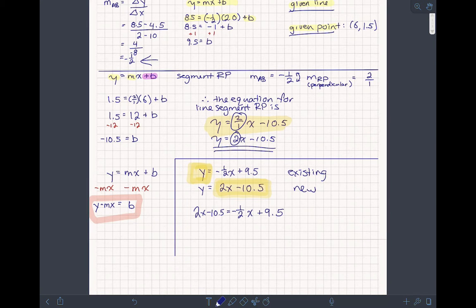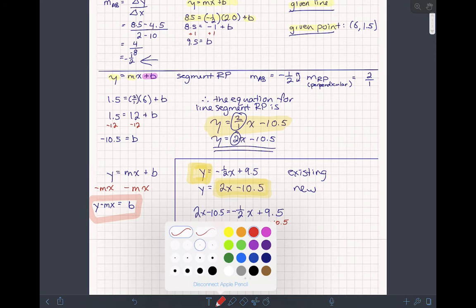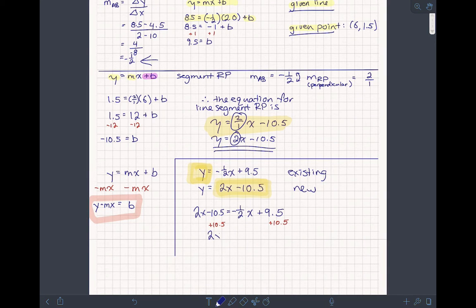What we need to do is get the variable terms on one side and the constant terms on the other side. So I'm going to add 10.5 to both sides, and that'll leave me with 2x on the left side, negative 1/2 x, and then 9.5 plus 10.5 is going to make 20.